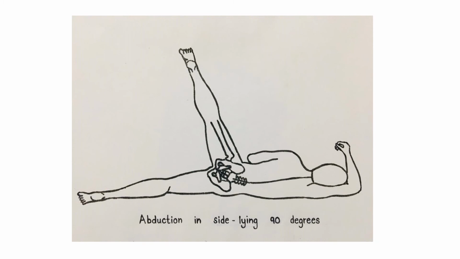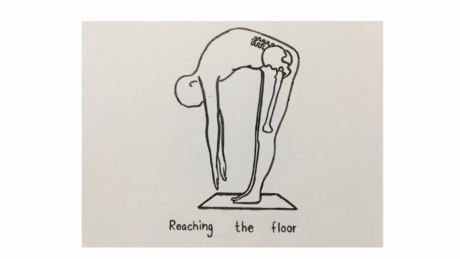Abduction in side lying: 90 degrees total, hip abduction 45 degrees, lateral tilting of both the pelvis and the lumbar spine 45 degrees. Reaching the floor with isolated flexion at the hip is insufficient to reach the ground.